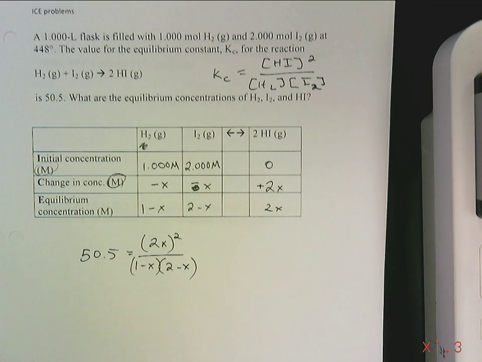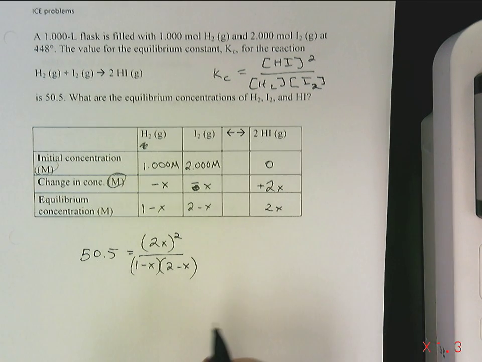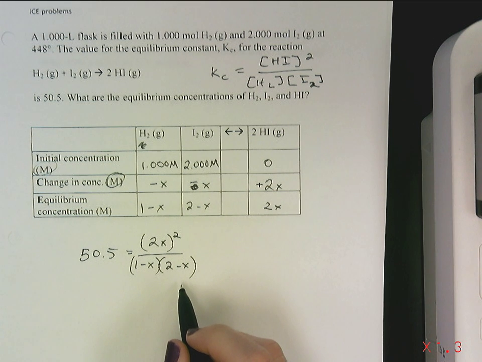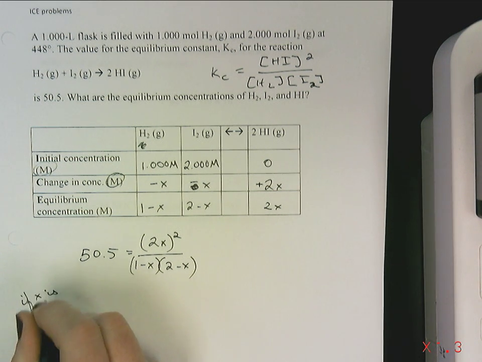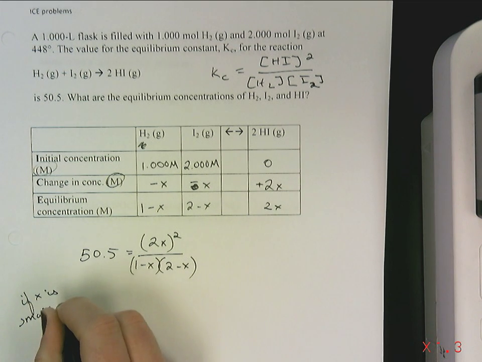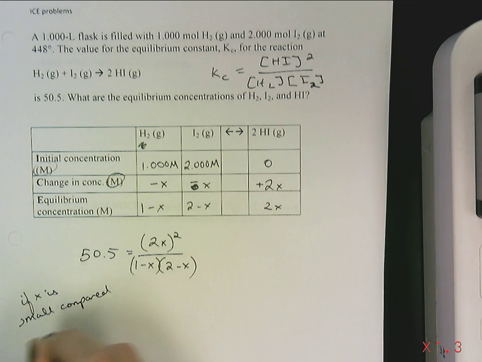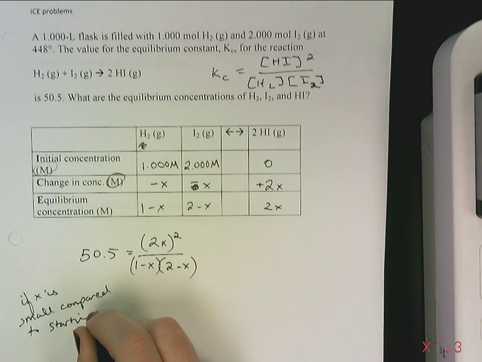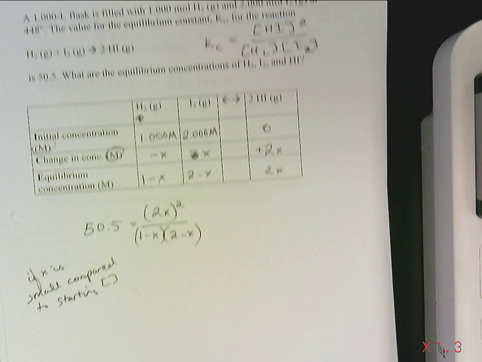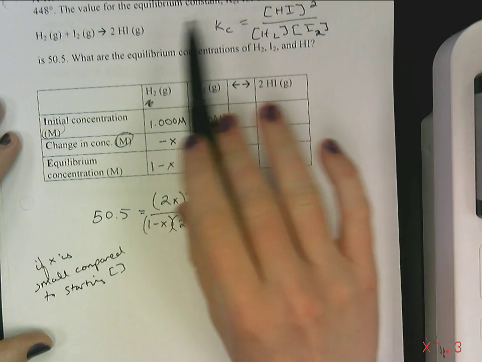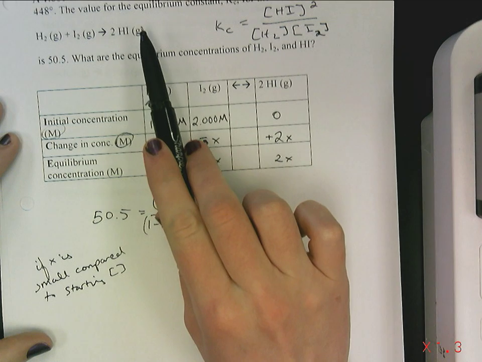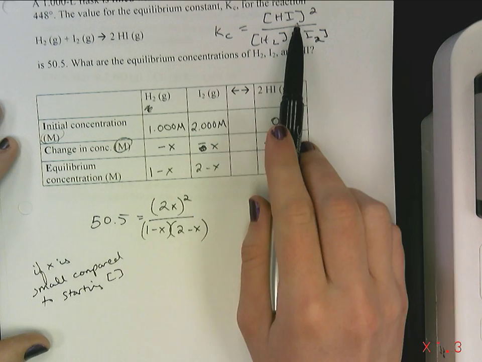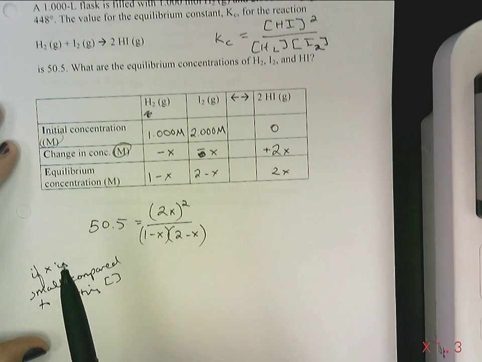Okay, so in my first video, I said that sometimes we can avoid using the quadratic by determining if x is small compared to the starting concentrations. And I look at this here, though, and I say that 50.5 means that this reaction favors products, right? There are more products than reactants at equilibrium.